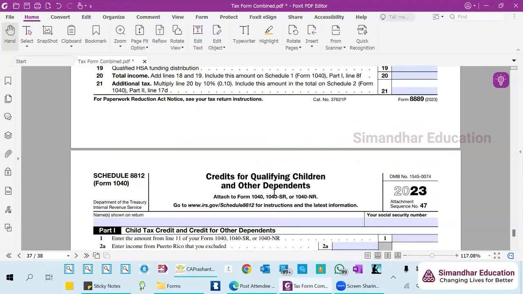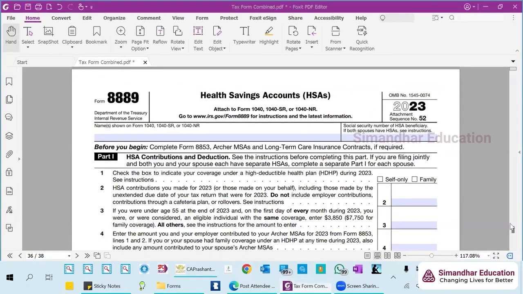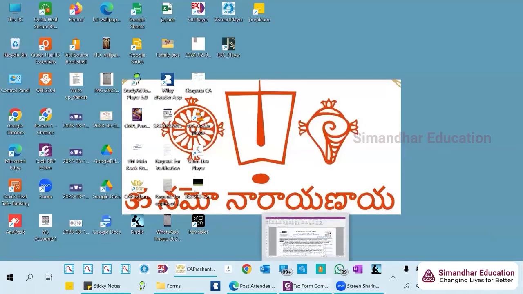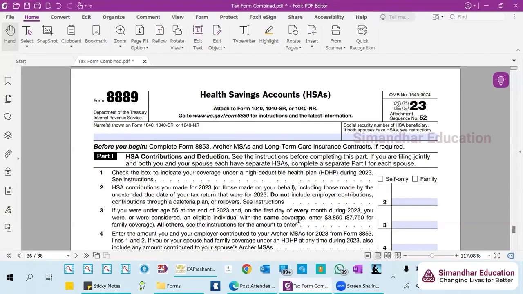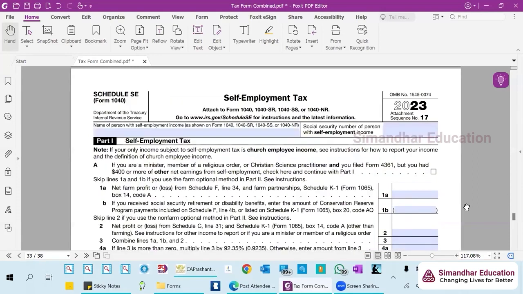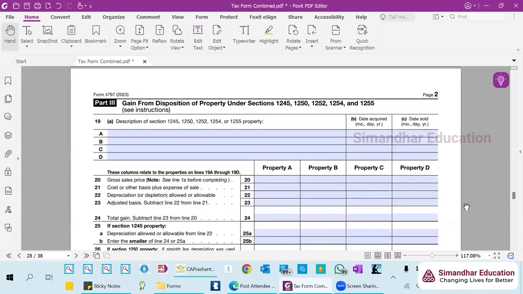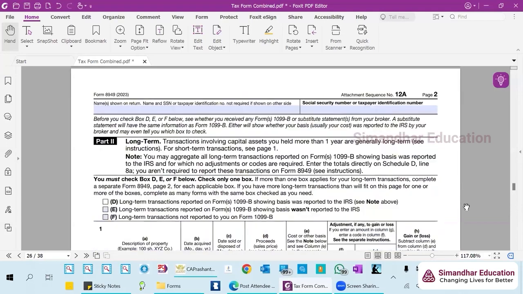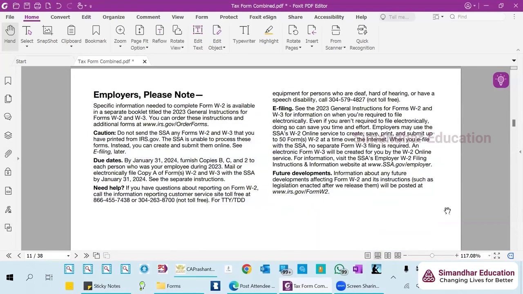And for any credits, I have to file 8812. So this is how the whole forms are linked together. We only have two pages, but we have to get through all the different forms and schedules even before making up the package.